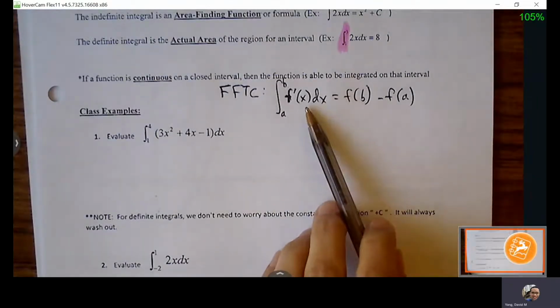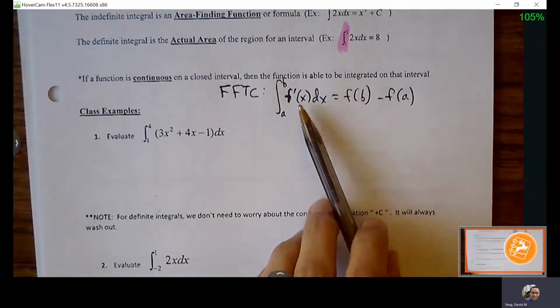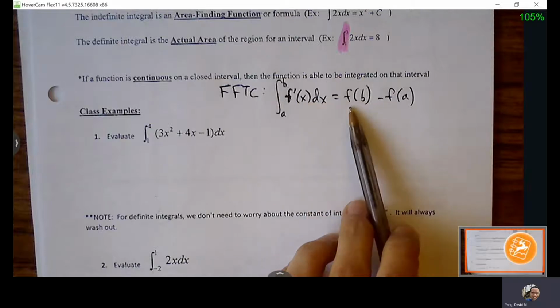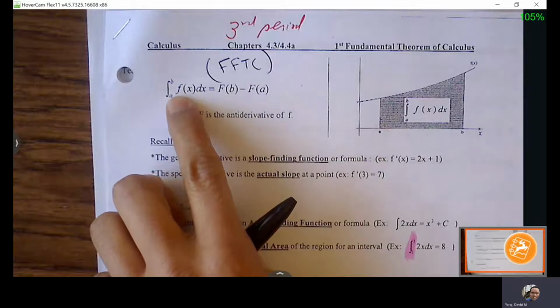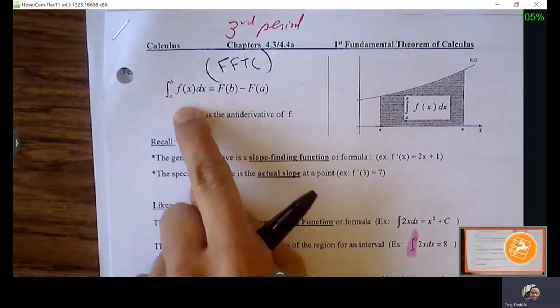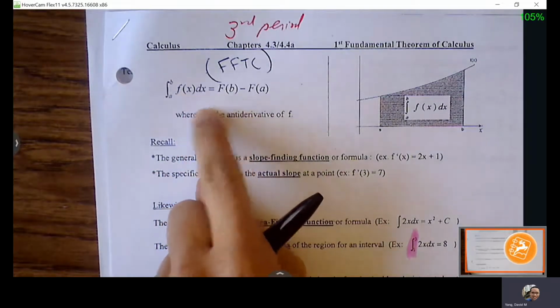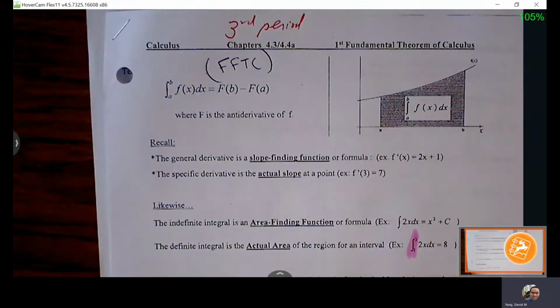So let's say we start off with something that we call the f prime. Okay, f prime will turn itself into F of x. This is more of a general notation. The lowercase f just means that it's going to turn itself into uppercase F. When it converts in that process, it's basically antiderivative. But for us, the only rule that we know right now is power rule, okay, for integrals.